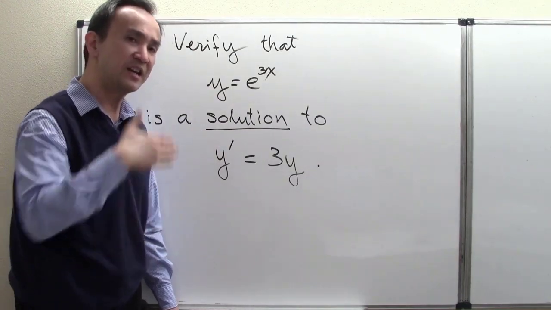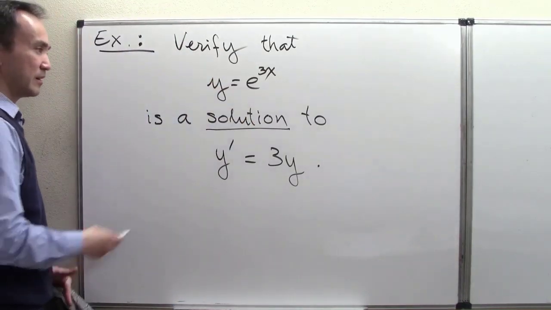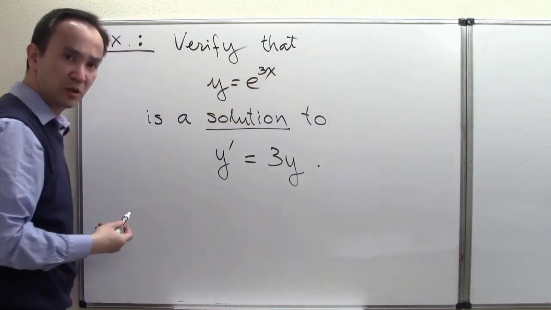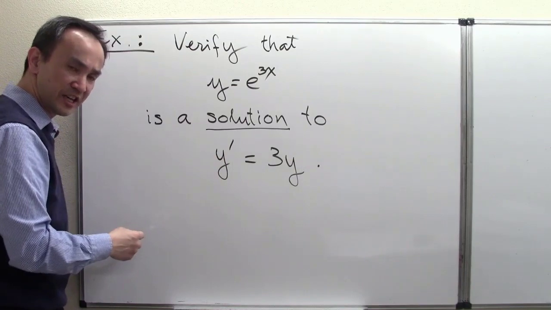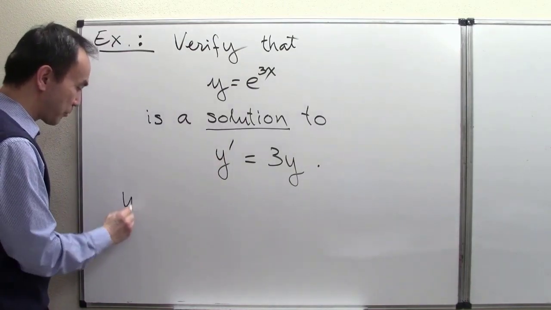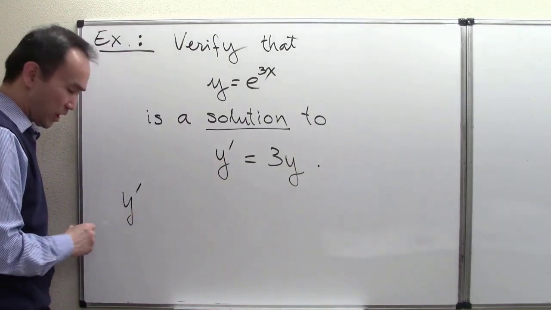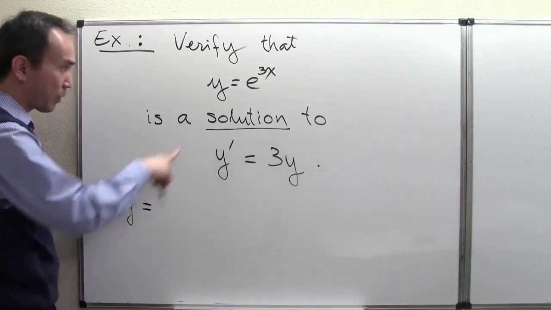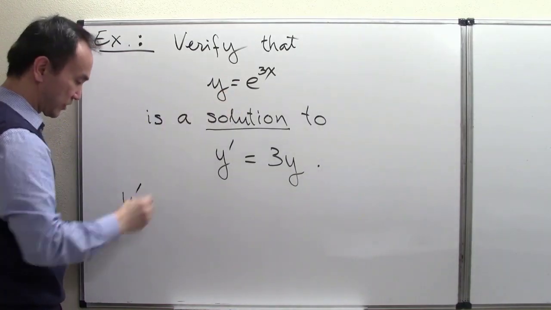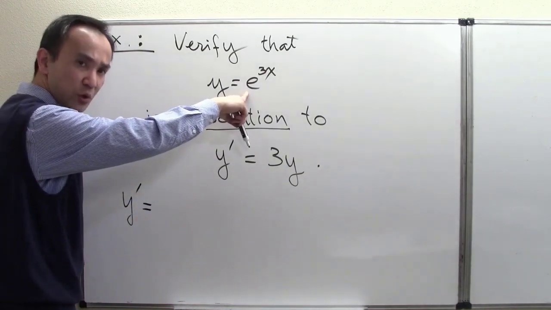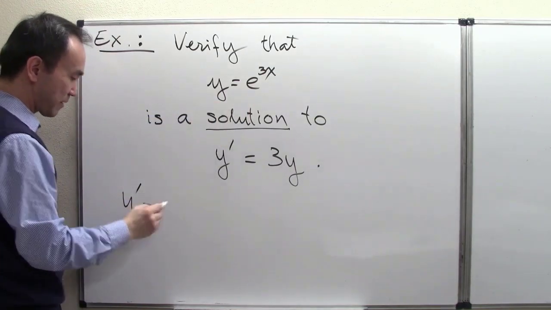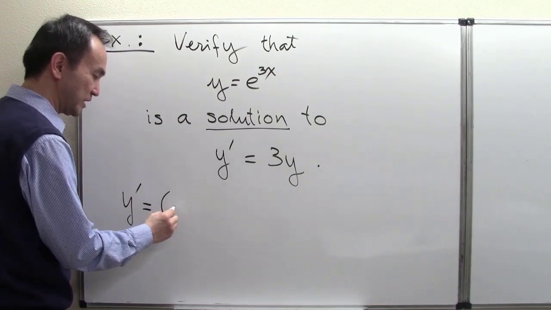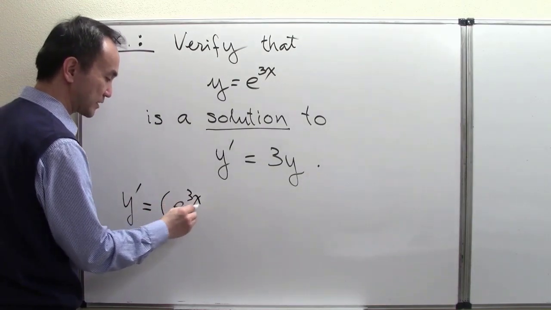So now toward that goal, this is what I'm doing. Now y is known, is given to be equal to e to the 3x. In the equation right here, the left-hand side is y prime. So y prime on the left-hand side, according to the function given right here, if that truly was the solution, then y prime should come out equals, well, we take the derivative of e to the 3x.